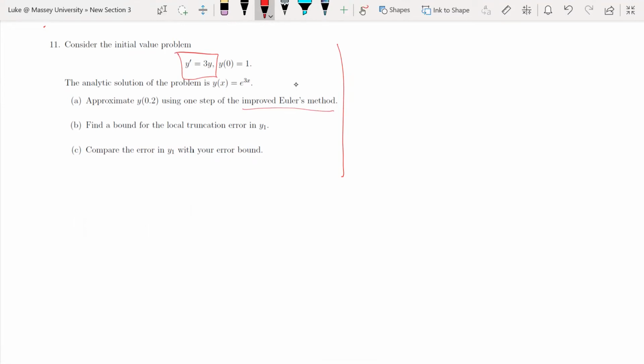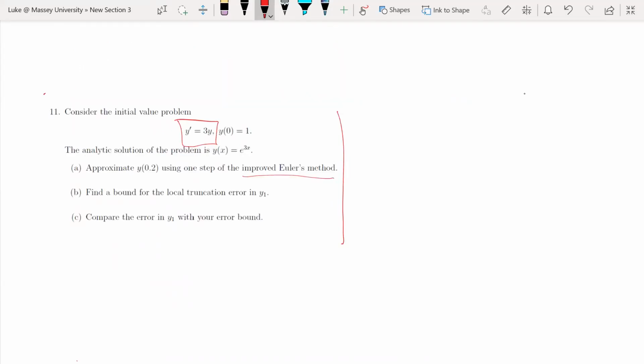We're not using MATLAB for test 3, so everything's going to be by hand, so it should be relatively straightforward, 1 or 2 steps. But you do need to know how to solve using the improved Euler method, standard Euler's method, and also RK4 as well.